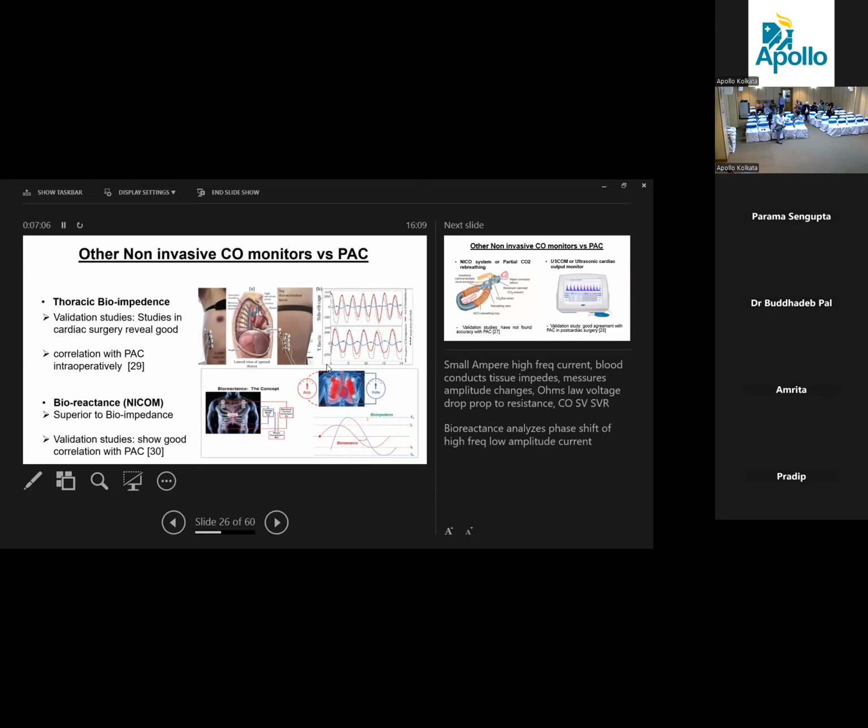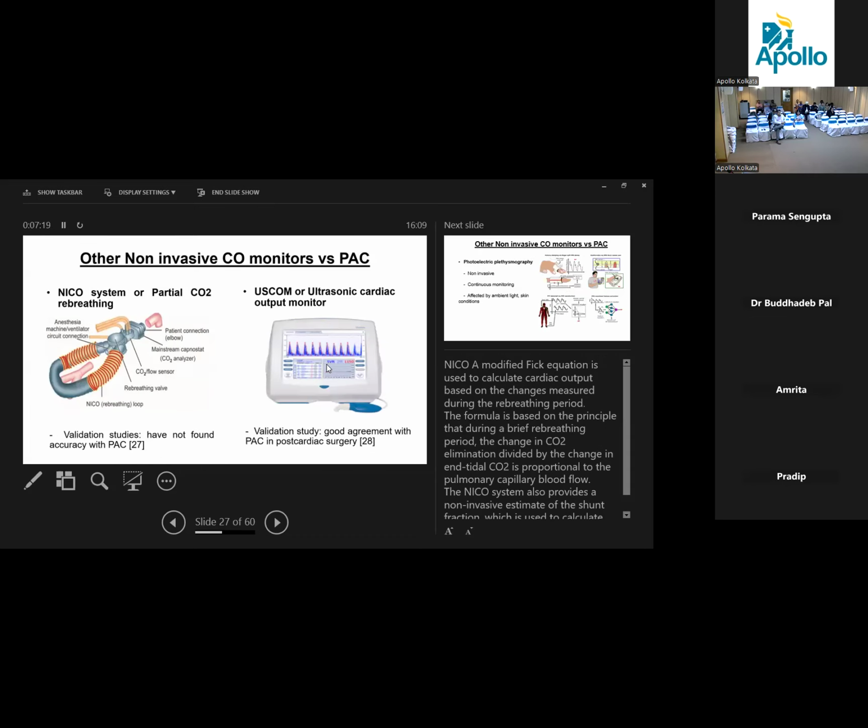So the current applied on one side and the current measured on the opposite side will give us cardiac output monitoring, but the only thing is the flow has to be pulsatile. NICO, or partial CO2 rebreathing system, works on the principle that in a brief period of rebreathing, the CO2 elimination and end-tidal CO2 ratio will give us cardiac output.